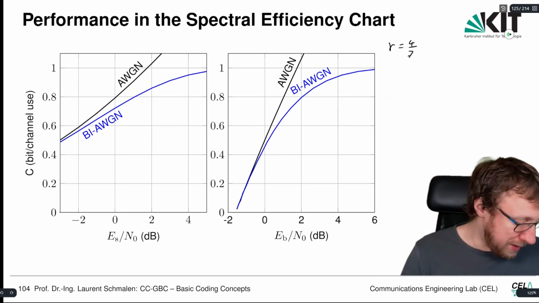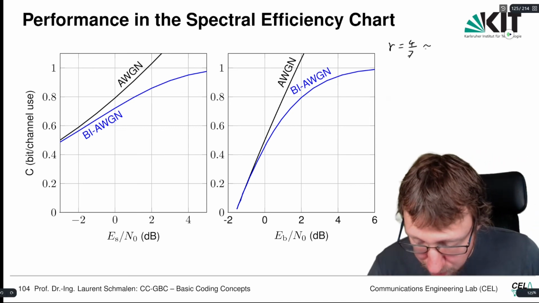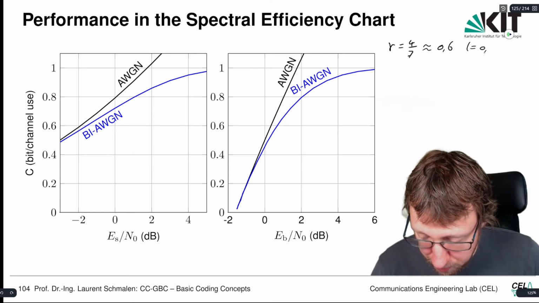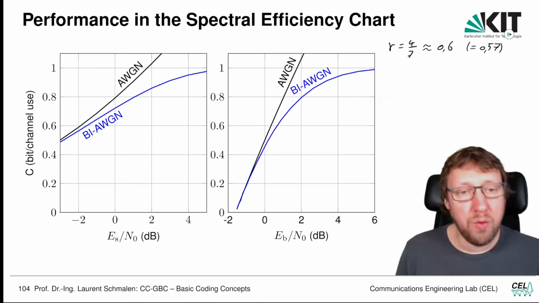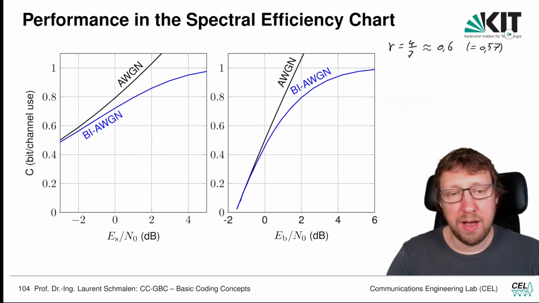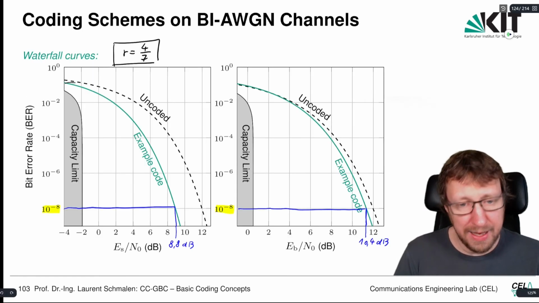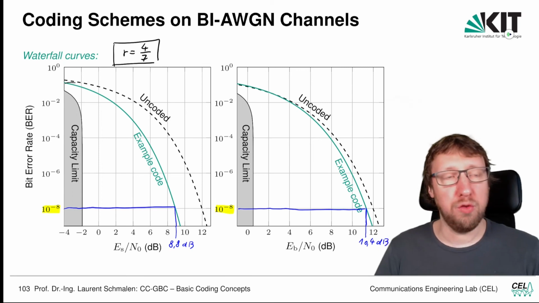So what is 4/7 numerically? We divide 4 by 7. This is approximately equal to 0.57. And we saw that we need Es over N0 of 8.8 dB to achieve a bit error rate of 10 to the power minus 8.